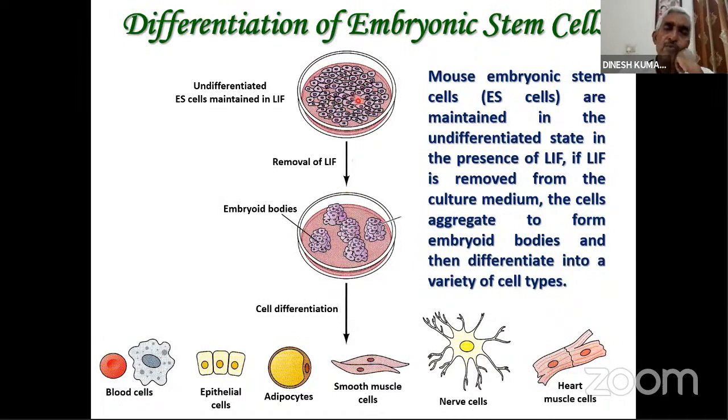If we remove the leukemia inhibiting factor from this culture, these cells develop into embryoid bodies, and thereafter they form blood cells, epithelial cells, adipose cells, smooth muscle, nerve cells, and heart muscle. Whatever body cells there are can be formed from these embryonic stem cells, because they have the capacity to form all the cells in the body. They are totipotent. So with the help of this technology, we can treat many health problems.